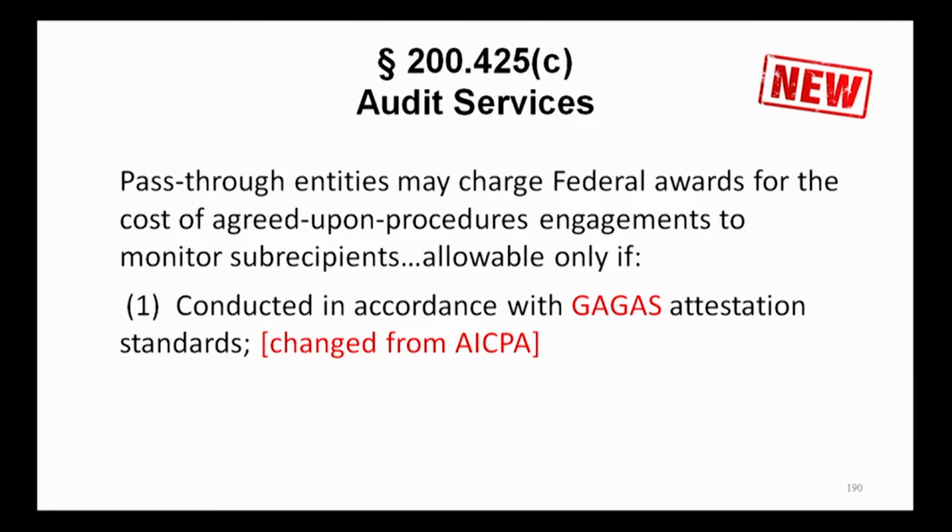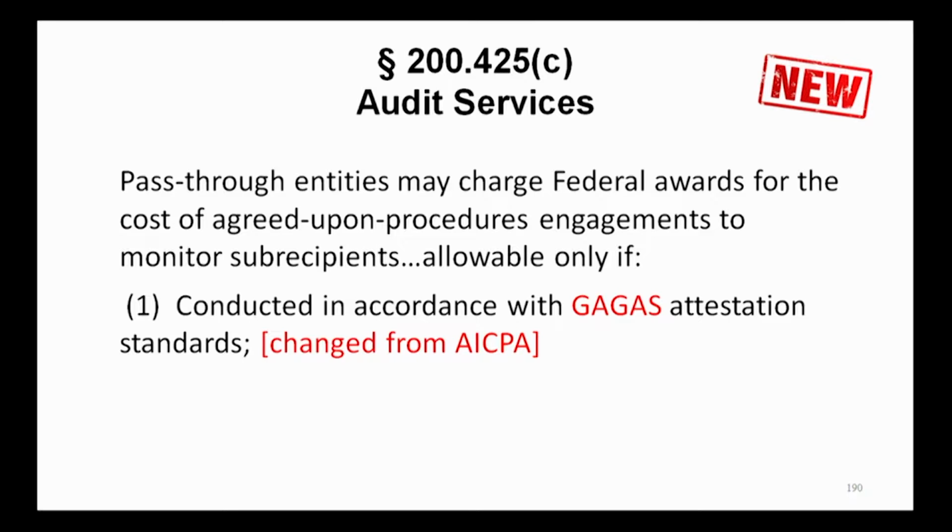425, paragraph C. There's a little bit of change here. Nothing huge, about if they were under the threshold, or if there's a pass-through entity. The cost for agreed-upon procedures engagements to monitor sub-recipients are allowable, but only if conducted in accordance with the generally accepted government auditing standards, attestation standards.